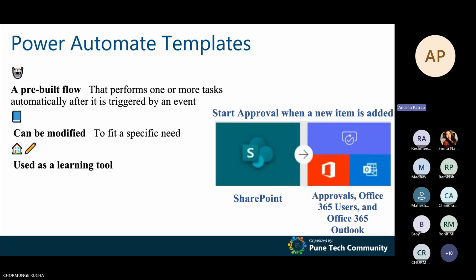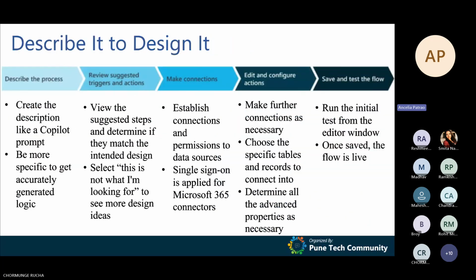So these help us in learning, and you can reverse engineer as well. You can edit the templates according to your needs. One suggestion: try building your first flow by using a template, and it's the easiest on-ramp. So templates make things so easier.